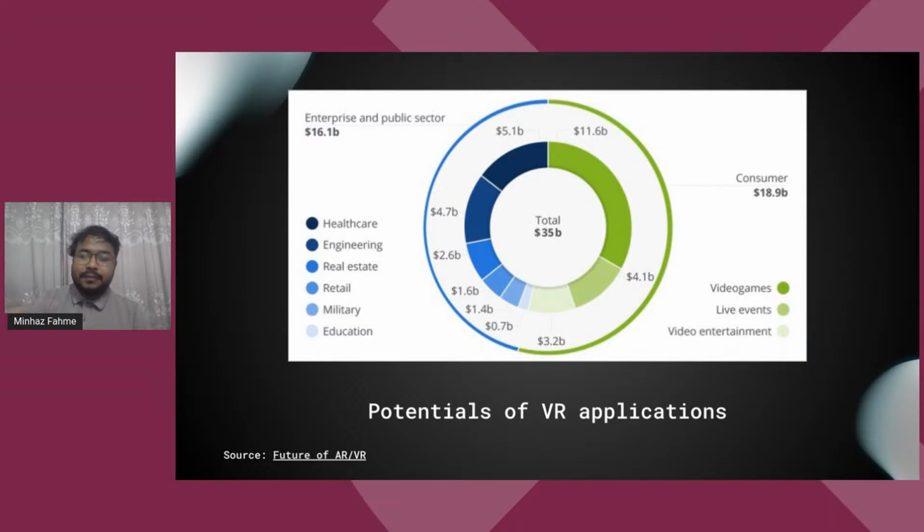So it's a $35 billion industry. Yeah, I know that the projection for 2020 was much higher three years ago, maybe, but it's still larger than many mainstream industries in the whole world. It's $35 billion, as you can see, for a technology that is not mainstream yet, that is not accessible to the masses yet, that is not very cost friendly and affordable to the mass of people across many regions.